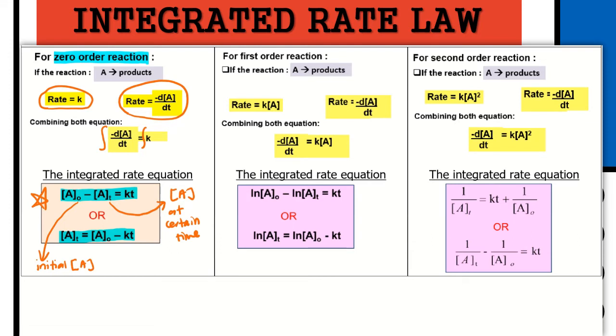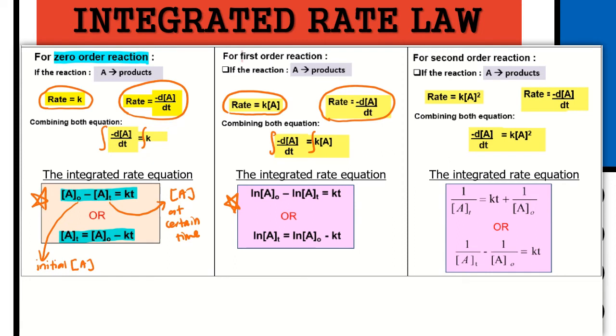So now let's take a look at first order reaction. The same thing that we did for zero order reaction, we are combining two equations. The first one, the rate law for first order reaction, and we combine it with the rate of disappearance of the reactant. So by combining the two equations and doing some integration here, we will get our integrated rate law as this.